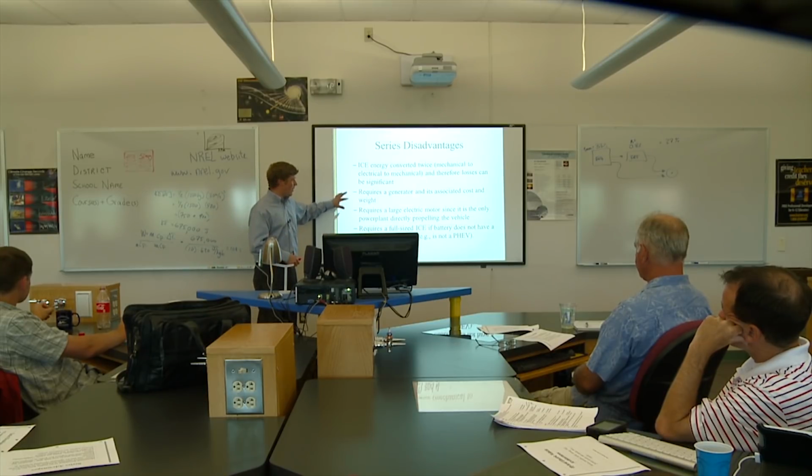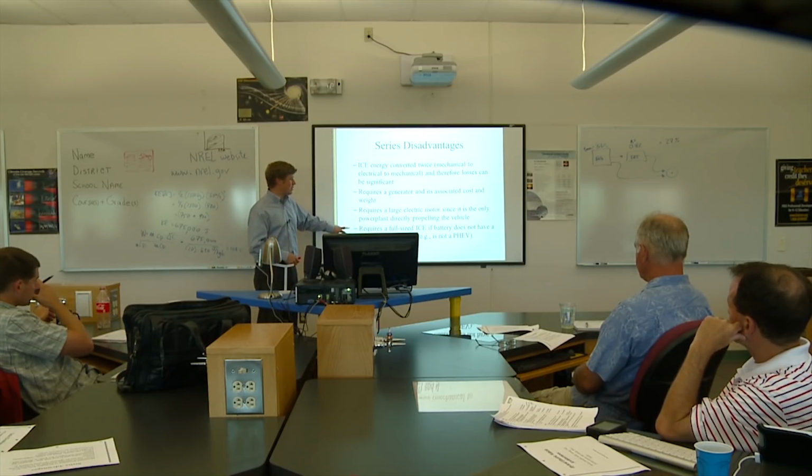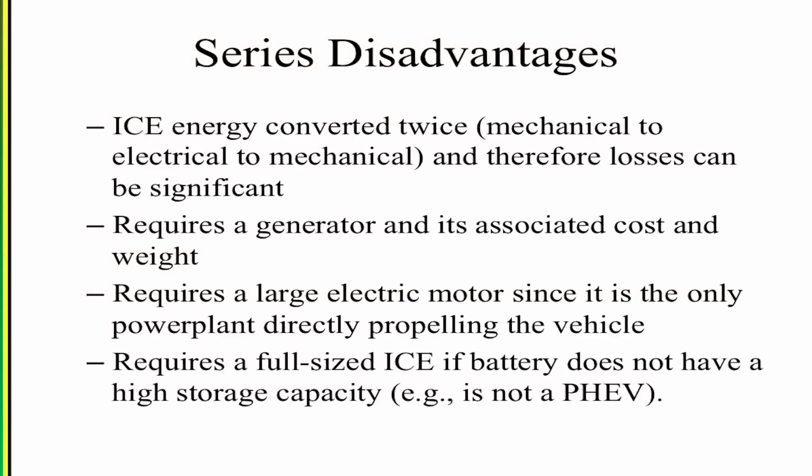So it requires a full-size generator, a full-size electric motor, and a full-size internal combustion engine if it's not a plug-in hybrid electric vehicle, right? So the advantage is a large degree of decoupling between the engine and the road, but the downsides are that it might be more costly, it might be heavier, and all that kind of stuff.